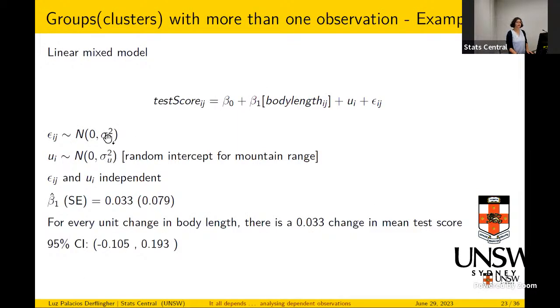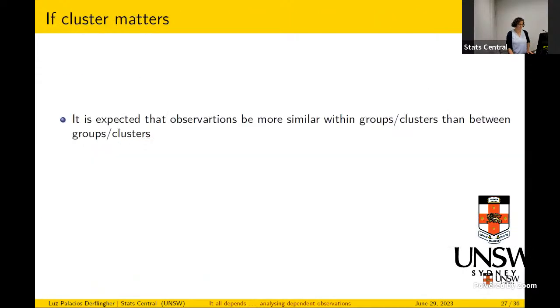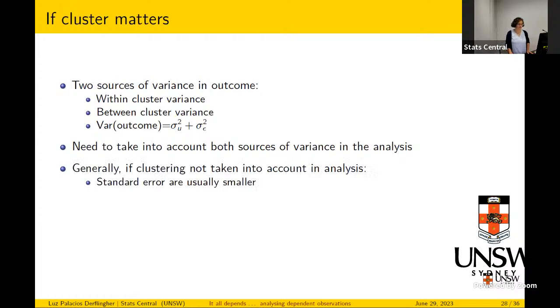So the variance of our outcome now includes these two sigmas. Before, it only included the sigma that belonged to the epsilon. So we go back. So we need to take into account both sources of variance in the analysis. That's what we're doing when we're doing a linear mixed model. In the linear regression, we're not doing that.